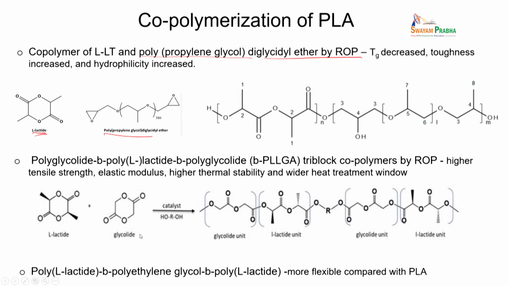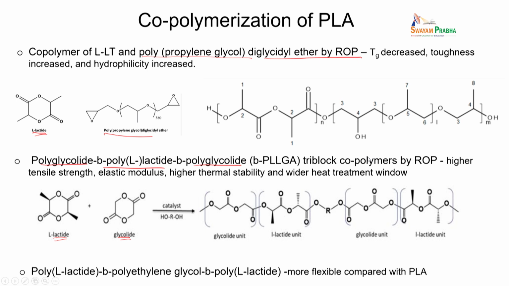Another example is you take a lactide and use a glycolide, and then again put some catalyst and base, and you can create what is called a polyglycolide, polylactide, polyglycolide tri-block copolymer. So it's basically repeating units of 3 blocks: polyglycolide, polylactide, and then polyglycolide again.